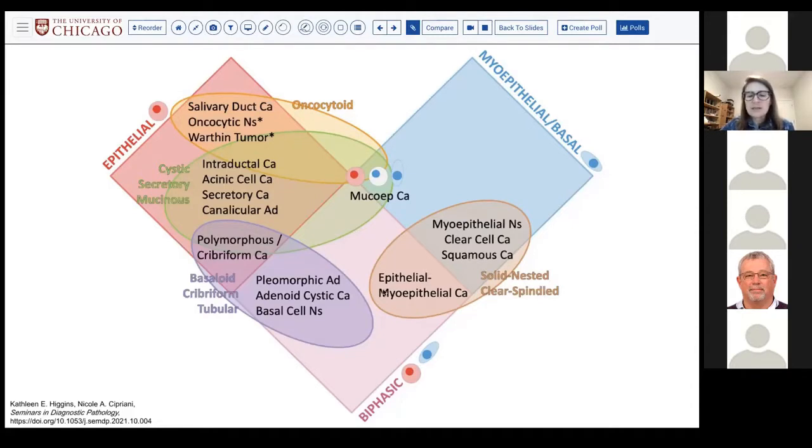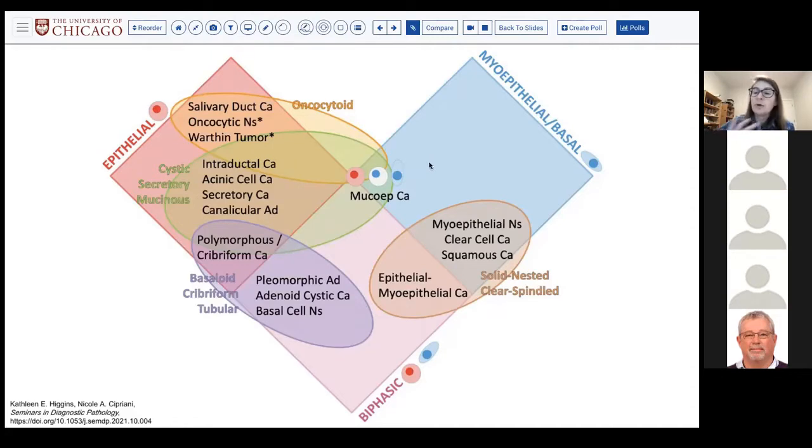And using immunohistochemistry to determine whether something is of myoepithelial and epithelial, so-called biphasic phenotype, can really narrow your differential. And whether it's monomorphic can also really push you into one box or another. So we're going to go through these differentials throughout the lecture, but hopefully this chart you can refer to as needed.